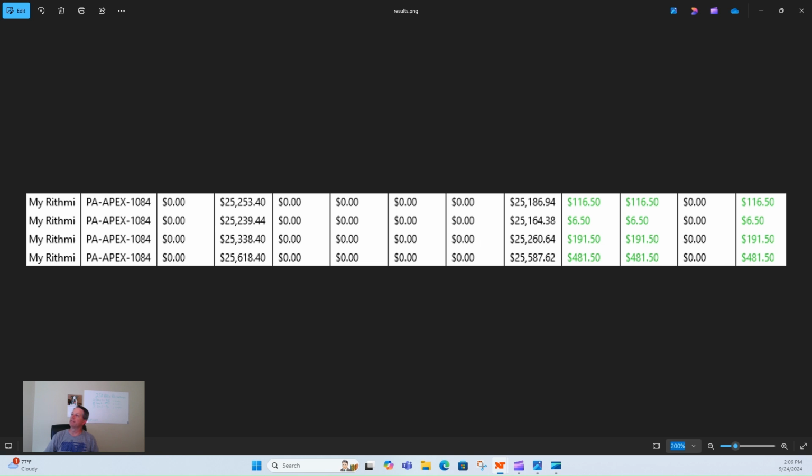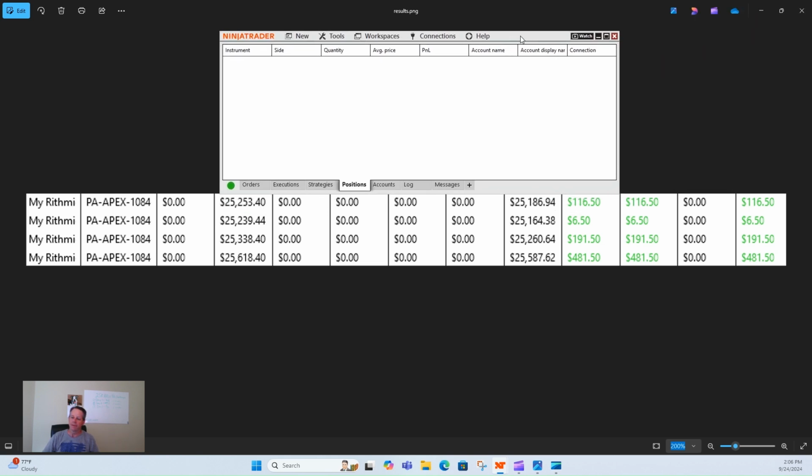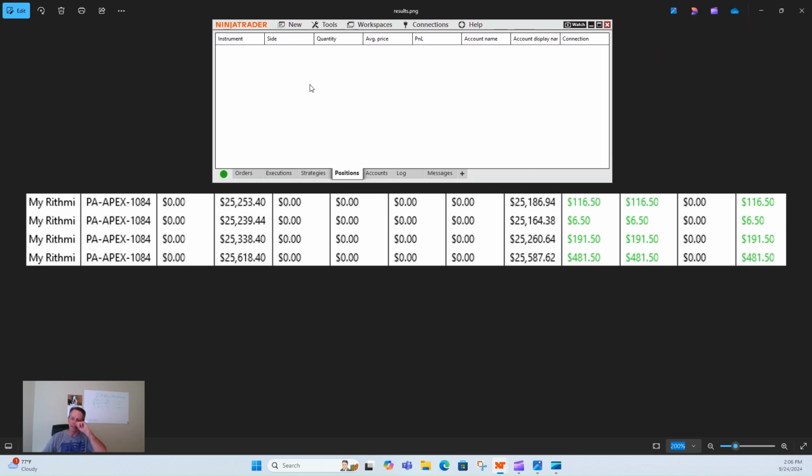So I have a tendency to take my control panel, look at my outstanding orders and outstanding positions, and keep that on one of my screens so I can see if my trade copier gets a little sideways.